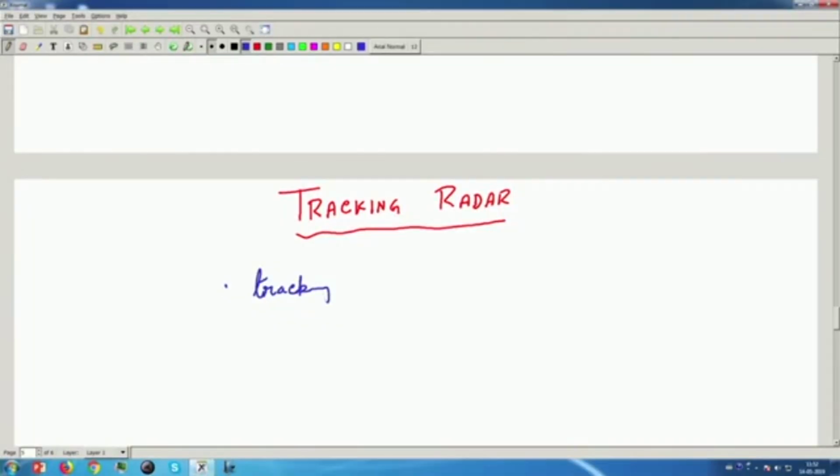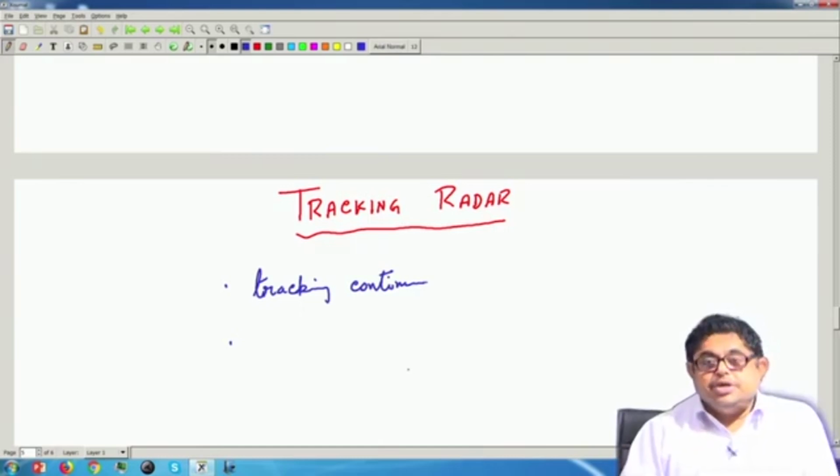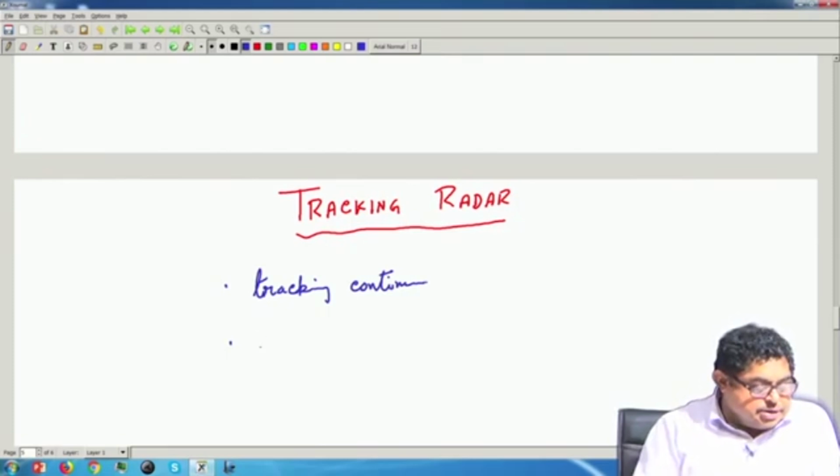A tracking radar can follow a target continuously, which is called tracking continuously, or it can sample the angular position on each scan of the track, because always continuously following becomes not so required. So, after a certain interval it is finding the position. That is called track while scan.